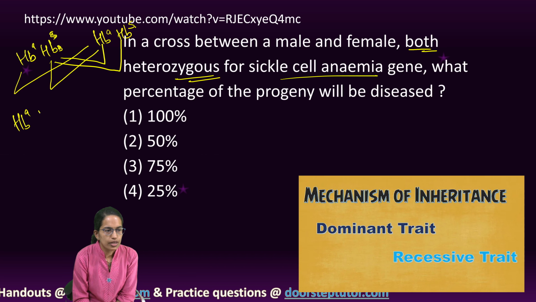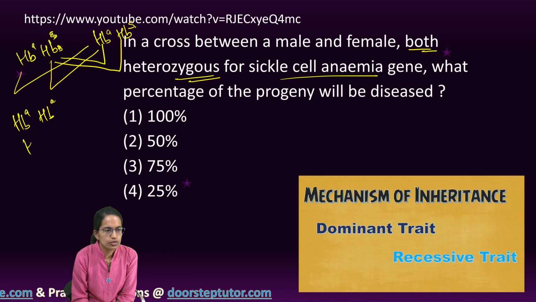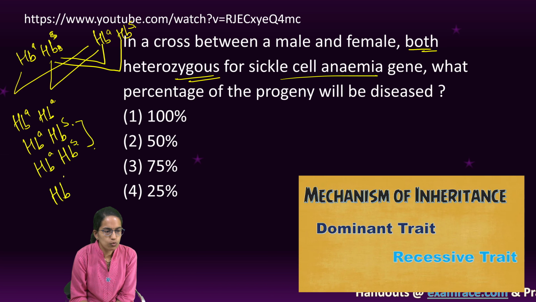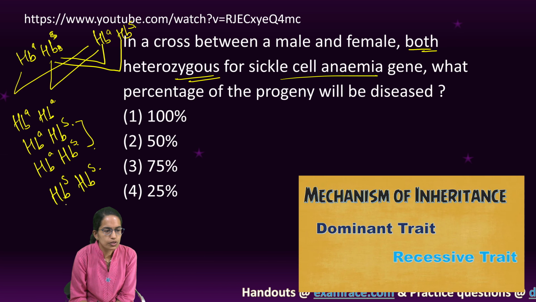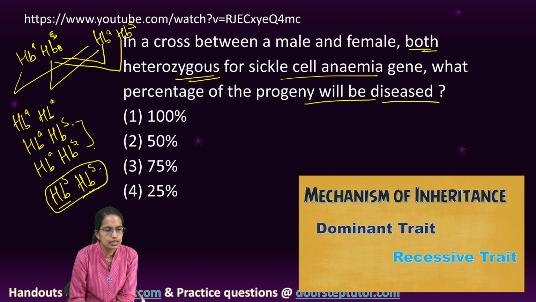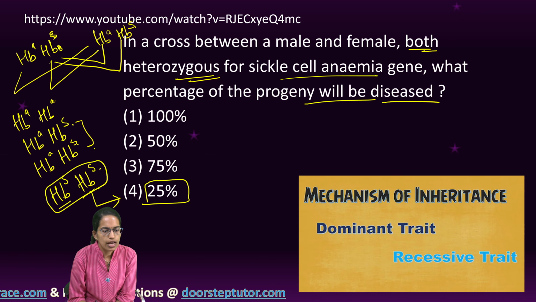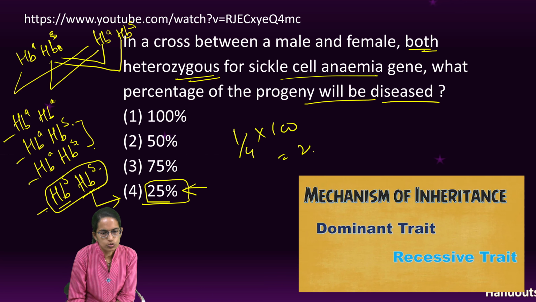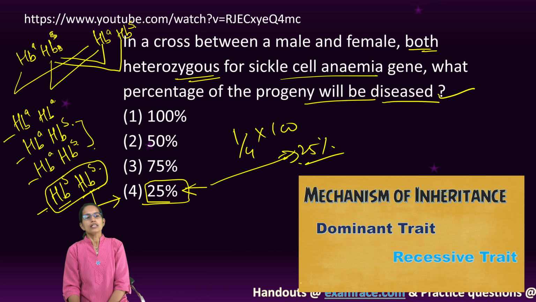So it would be AA as one of those, AS, which is one sickle cell gene in both the cases, but this is a recessive gene. But there would be one instance where both of them would have the gene for sickle cell, and therefore the progeny would be diseased. In this case, we call this 25% chances. Why? Because out of the 4 options, one of them, so 1 out of 4 into 100, which is 25%. So there is a 25% chance that the progeny would be diseased.